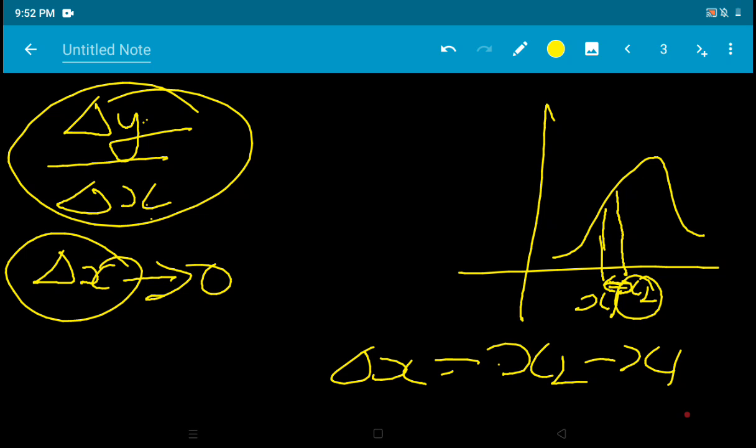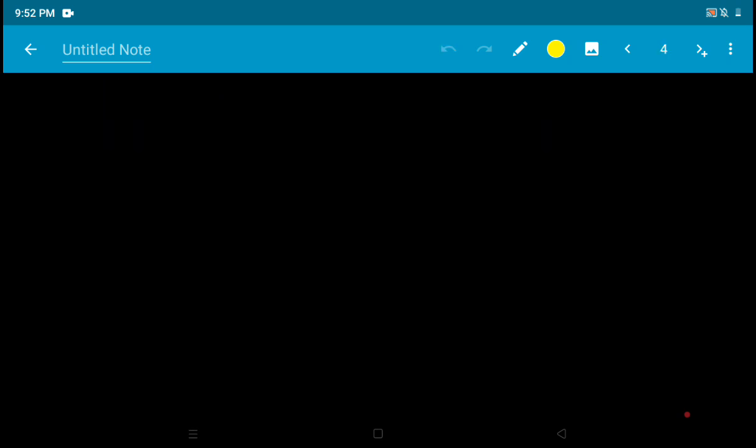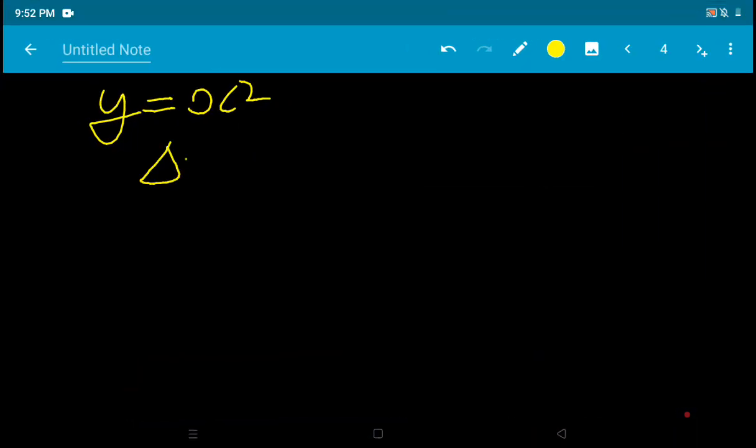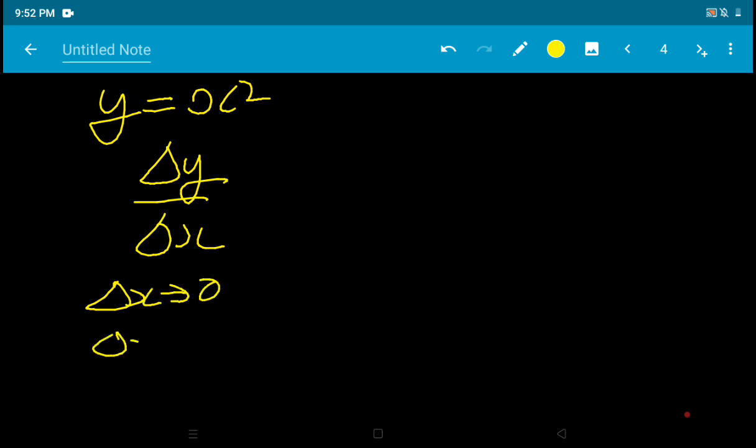So let's take a function, y equal to x square. I am finding delta y by delta x. I am making sure that delta x approaches 0, but delta x should not be equal to 0.